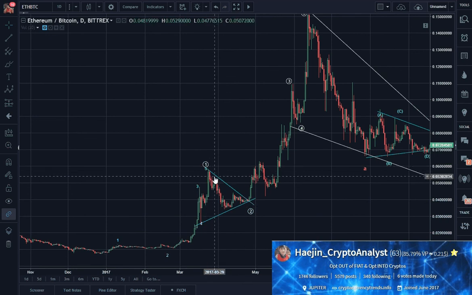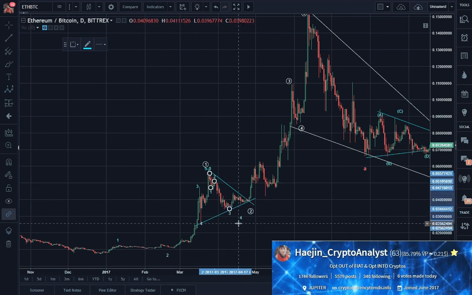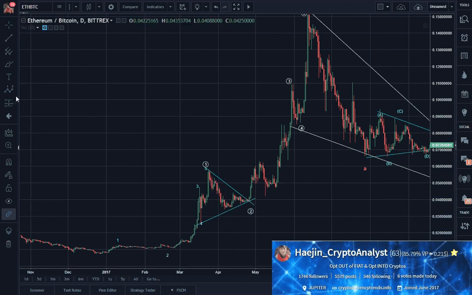So I can count this as ABC, right? Just like this, ABC. Even though I have an indecisive symmetrical triangle pattern, the probability of it breaking out just got a lot higher.